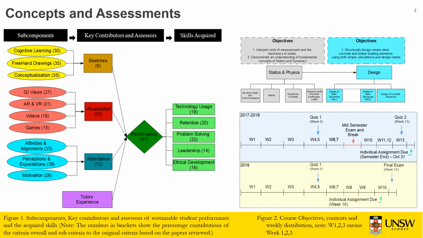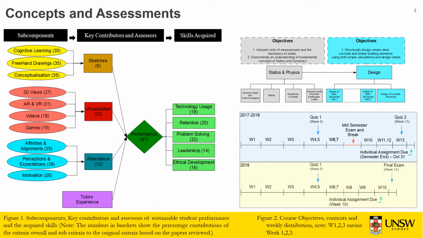Whereas the attendance related papers focused on affinities and alignments, the perceptions and expectations, and the motivations related to attending the classes. Once the students achieve these performance contributors, the skills that they acquire include better usage of technology, more retention rates in the class, problem solving abilities, leadership skills, and ethical developments.